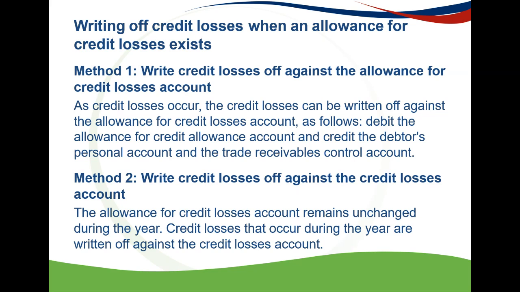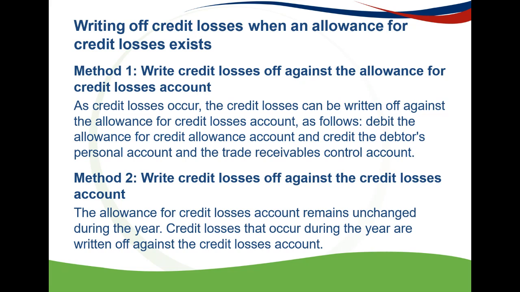Method one: you write the credit losses off against the allowance for credit losses account. As credit losses occur, they can be written off against the allowance as follows: debit the allowance for credit losses account and credit the debtor's personal account and the trade receivables control account. So there you basically decrease your allowance for credit losses.